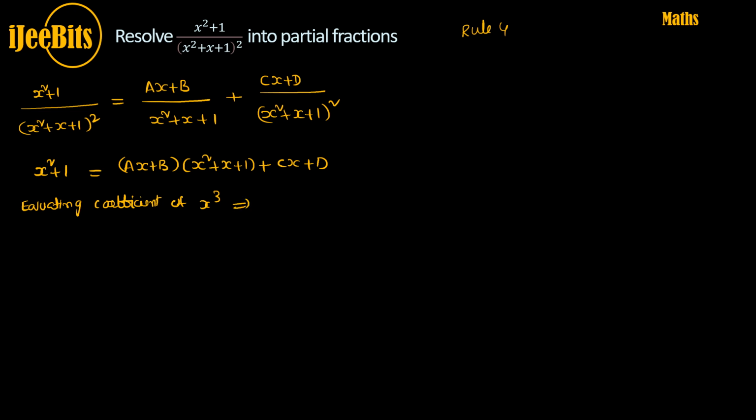Okay, ax into x square is the only x cube value. What is the left side value? The left side is 0, correct, no? So the coefficient on the left side for x cube is 0, and the right side would be ax into x square, ax cube here. So a equal to 0.